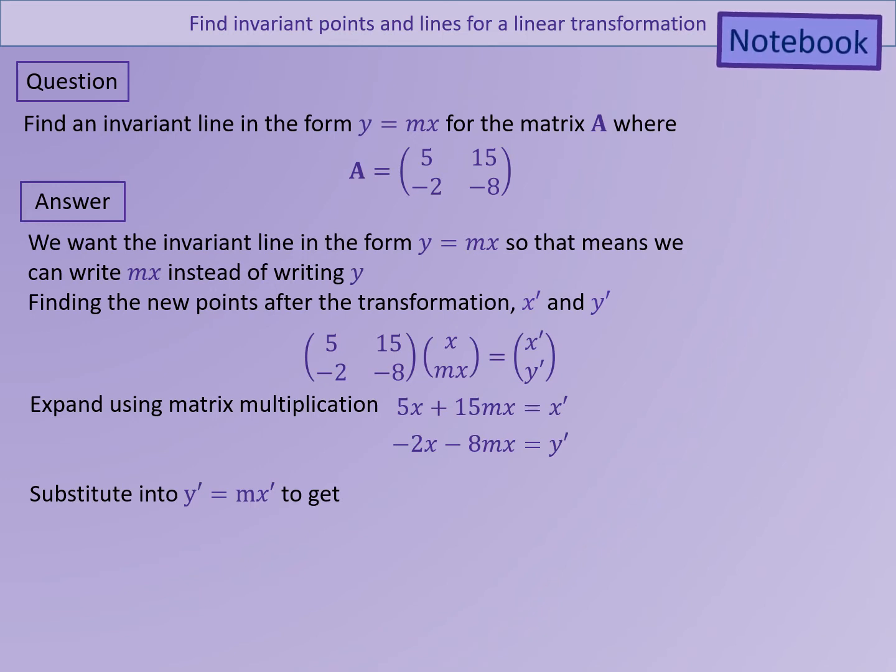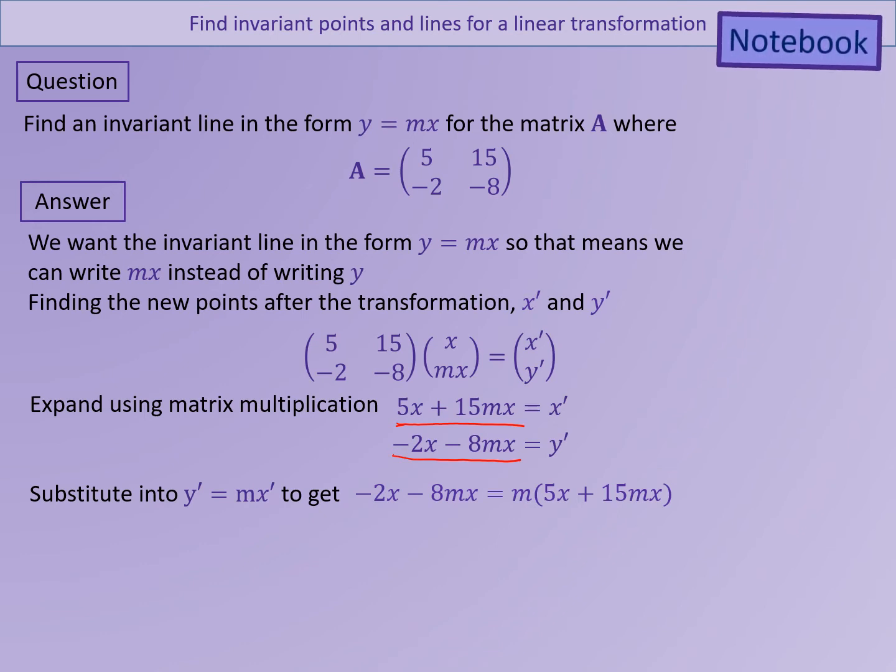So we are going to substitute into y dash equals m x dash. We're going to put y dash as -2x -8 mx, and we're going to put x dash as being 5x plus 15 mx. Subbing those in there gives us -2x -8 mx equals m times 5x plus 15 mx.